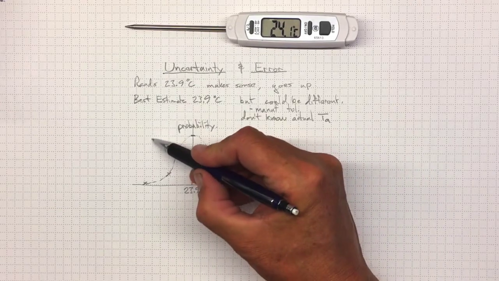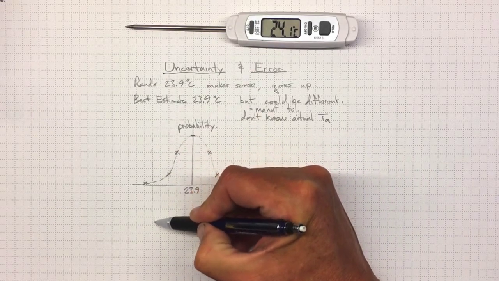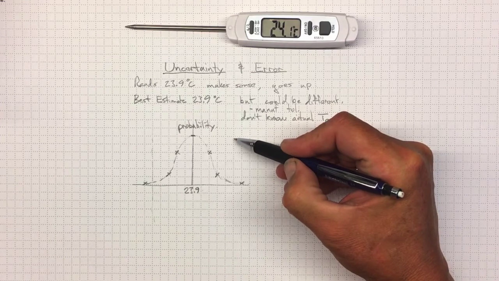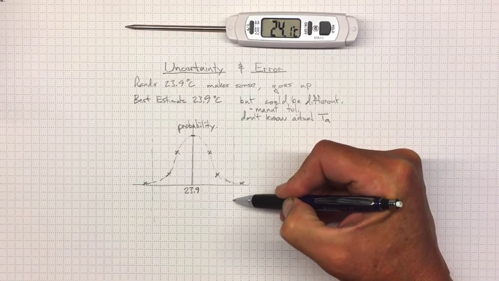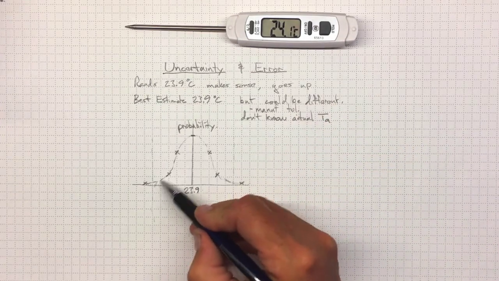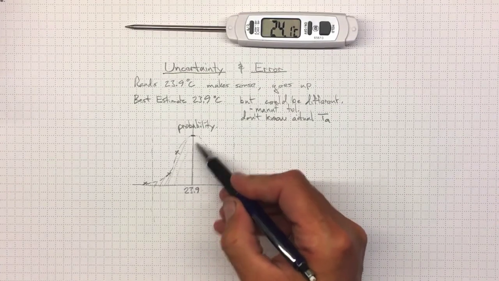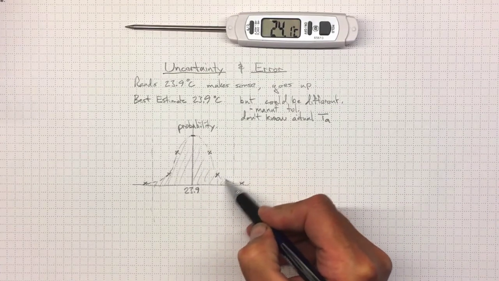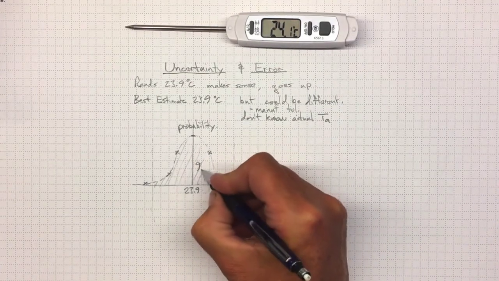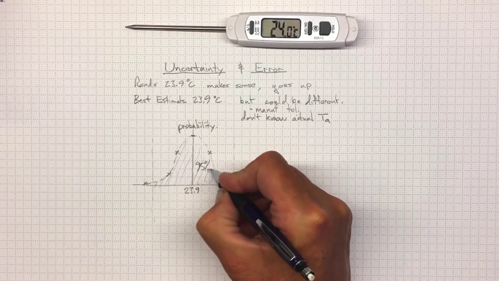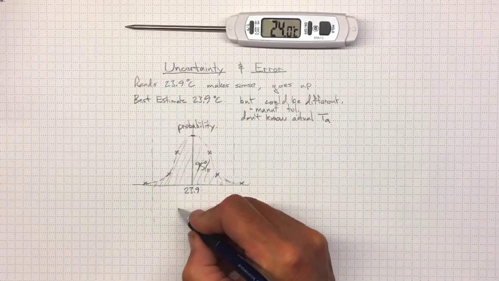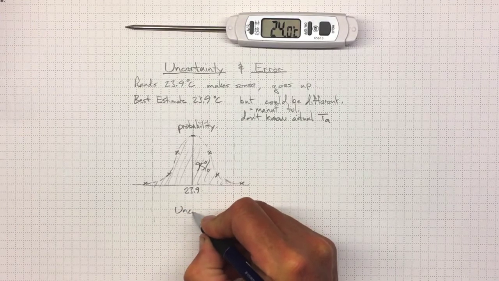And if we drew some boundaries here so that 95% of the probability was inside, so if that represents 95% of all the probability, then this is the range of our uncertainty.